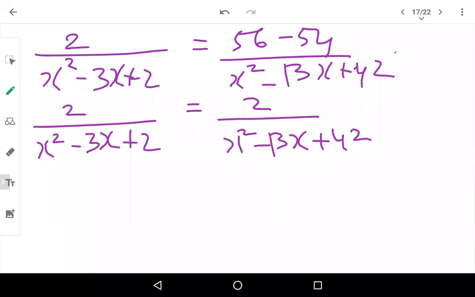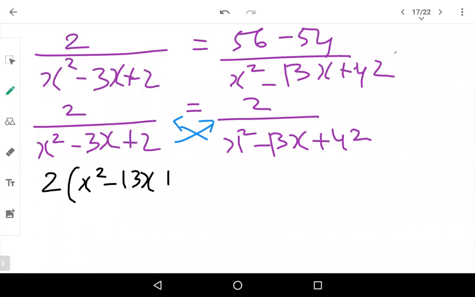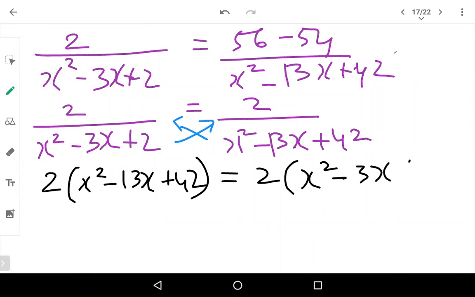Now let us do the next step. The next step that we are supposed to do is cross multiplication. So 2 into, I'm going to take this expression above, x square minus 13x plus 42 is equal to 2 into x square minus 3x plus 2.